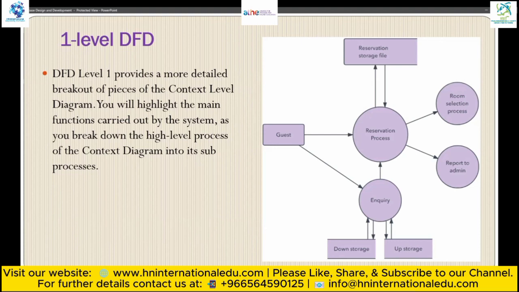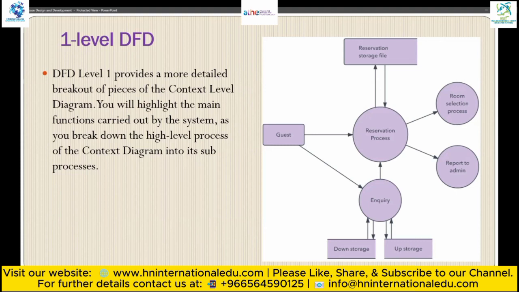If you have any idea how a system works, let's take LMS as an example. Do you have any idea how the LMS works? Can we draw three levels of DFDs about LMS? Yes, sir.